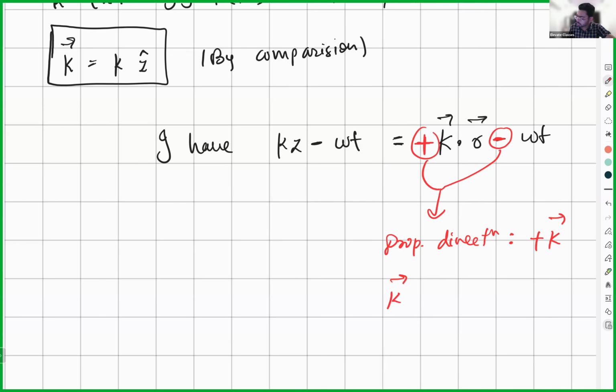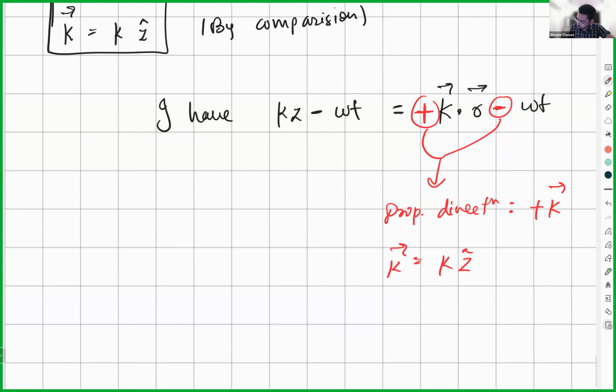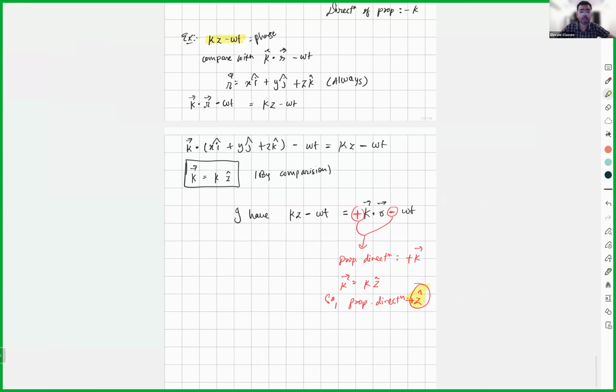But my k vector is k into z cap. So the propagation direction is plus z cap. This is what I was saying initially, that if I have kz minus omega t, the propagation direction is plus z cap. All right.